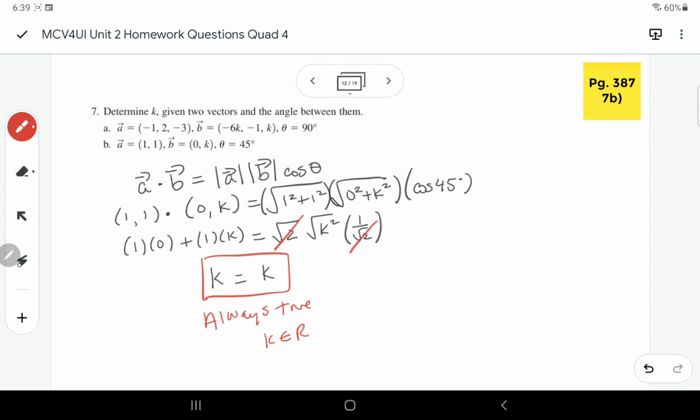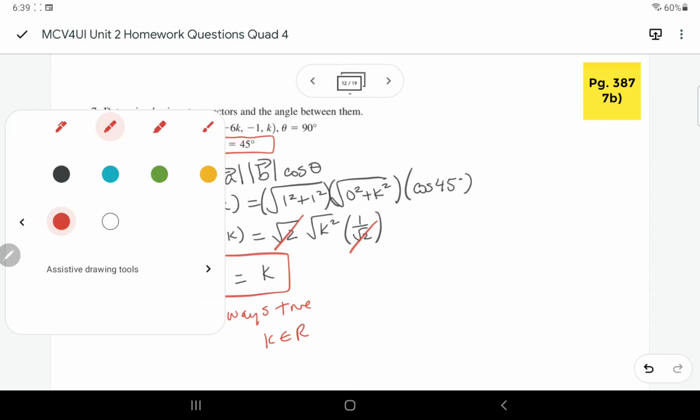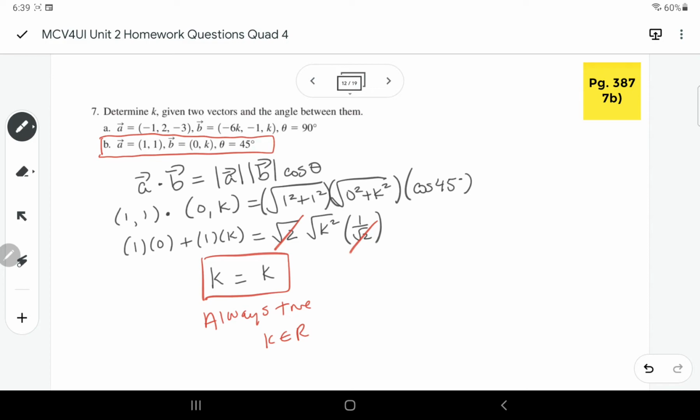for every real number. And if we think about where those vectors are going to be, it is sort of lucky that this is in R2, so this is easier to see. If I had vector A, which is (1, 1), there's vector A, and we want to have a vector (0, k) where theta is 45.